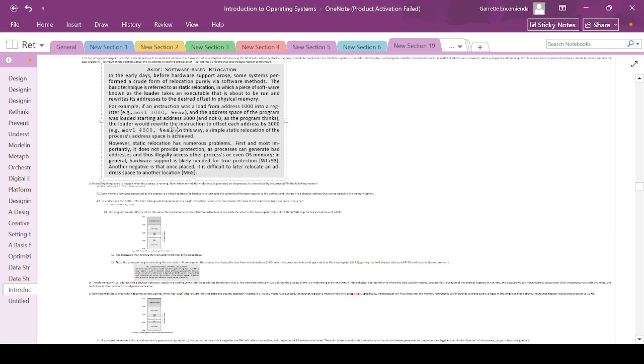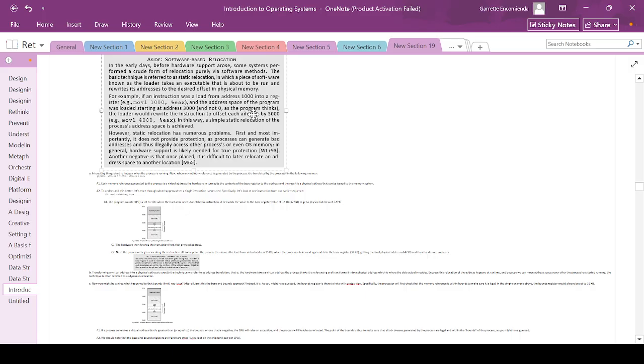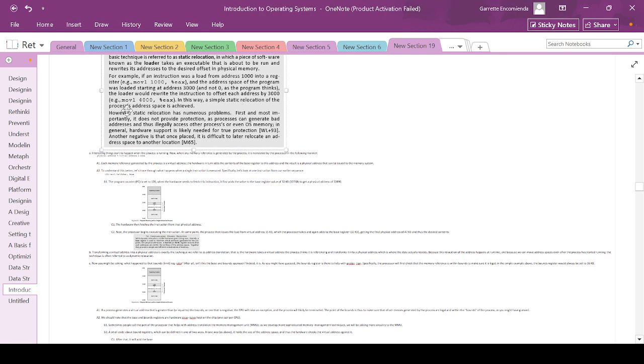For example, if an instruction was a load from address 1000 into a register, like movl 1000, %eax, the one we saw earlier at 128, 132, and 135, and the address space of the program was loaded starting at address 3000 and not 0 as the program thinks, the loader would rewrite the instruction to offset each address by 3000.